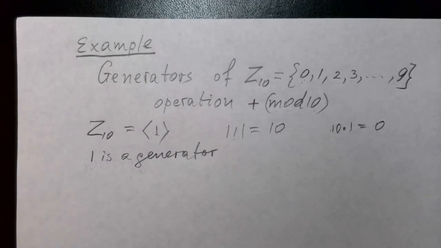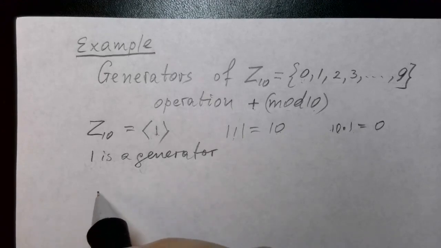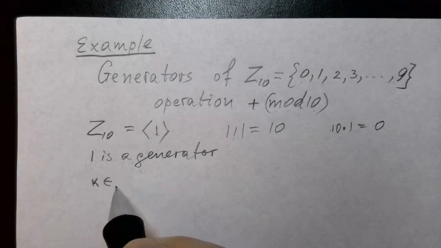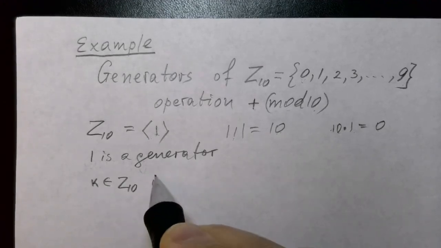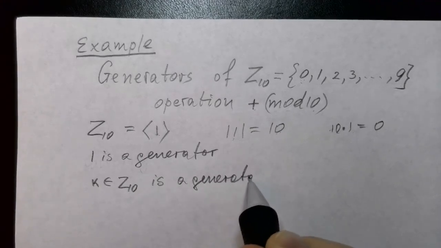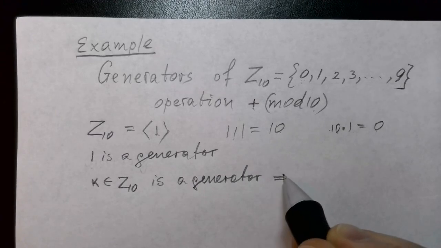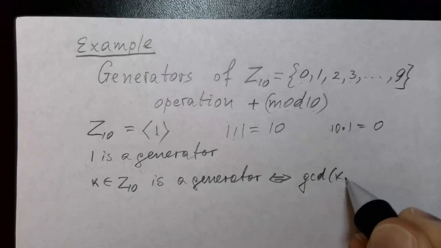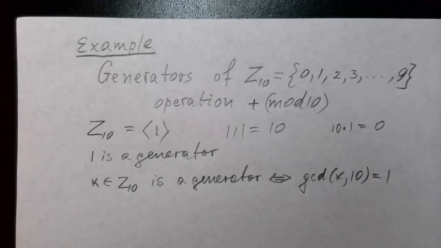To find the other generators, we use corollary 4 of theorem 4.2. It says that k from Z10 is a generator if and only if the GCD of k and 10 is 1.